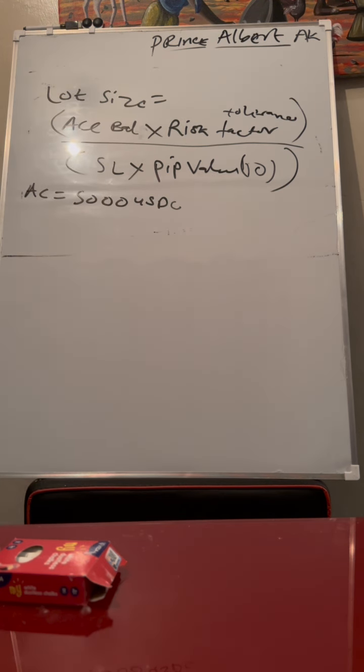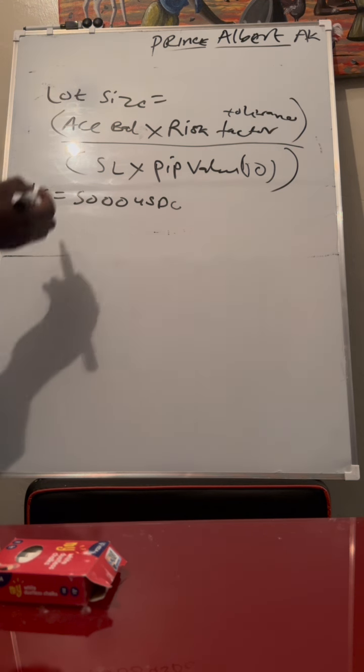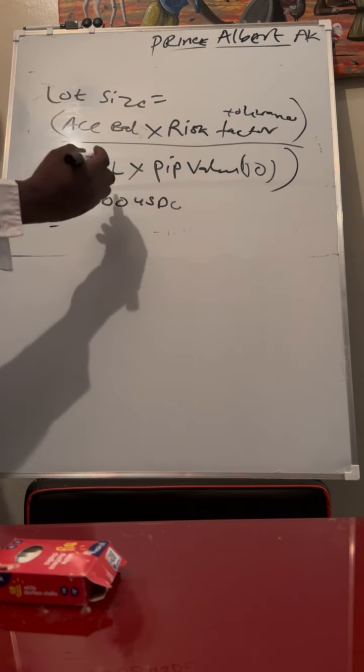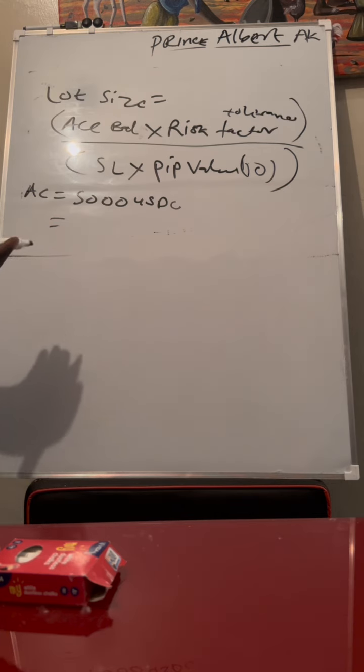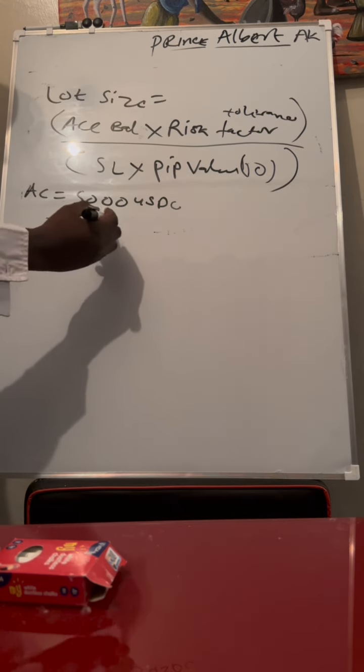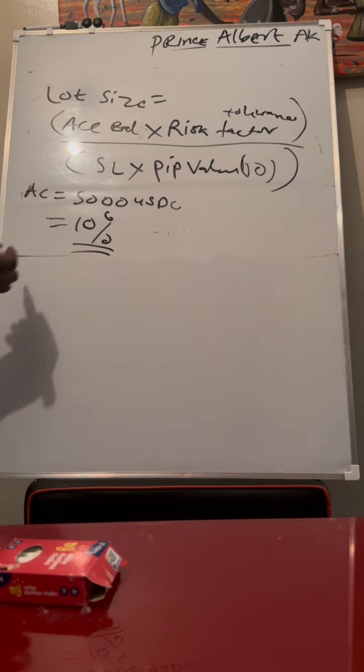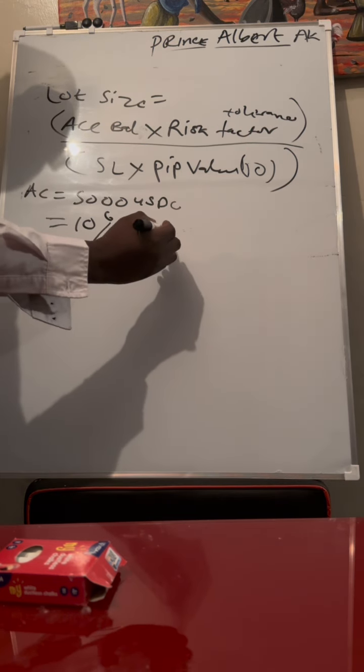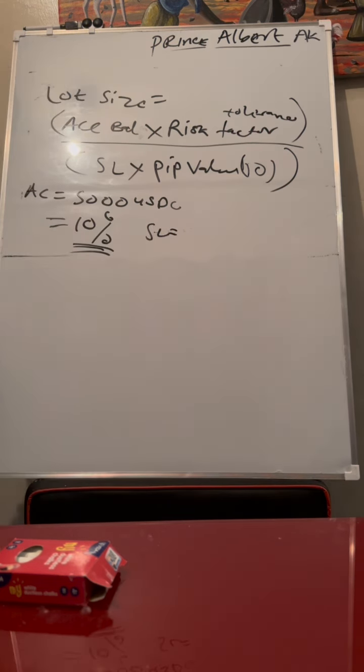Risk factor is how much you are willing to lose. In our trade here, let's just take for example, we are willing to lose at least 10%. When stop loss hits, we are going to lose 10%. So 10% becomes our risk factor.